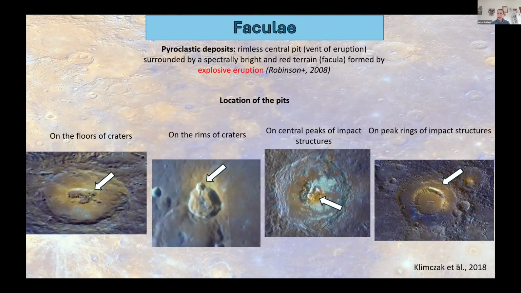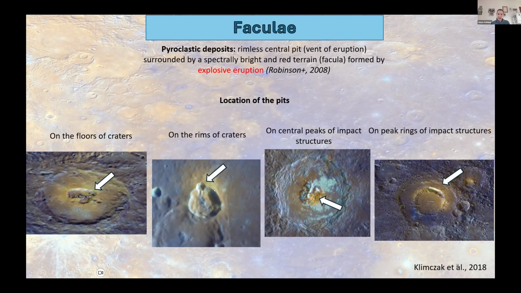Where can we find the pits of pyroclastic deposits? We can find them on the floors of craters, such as here. You can observe the pit in the center of the crater. We can find them on the rims of craters.